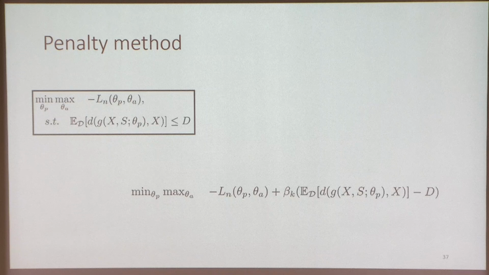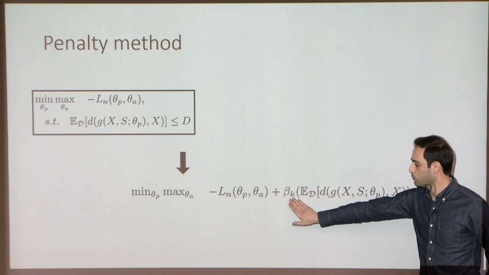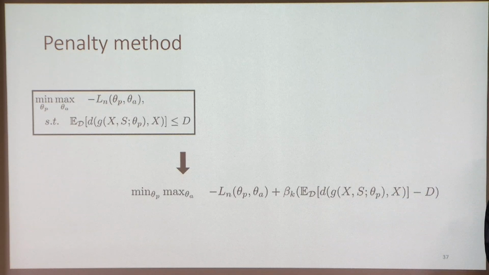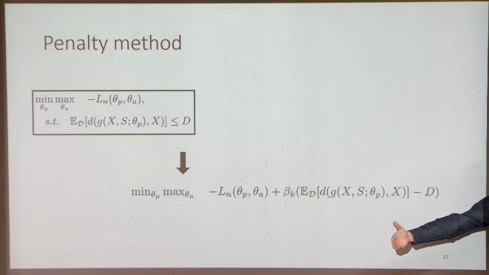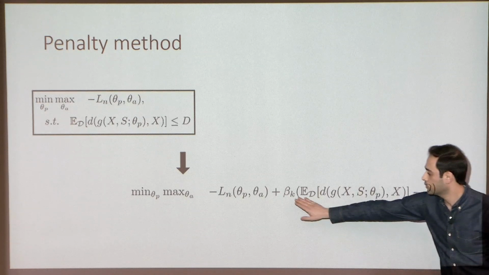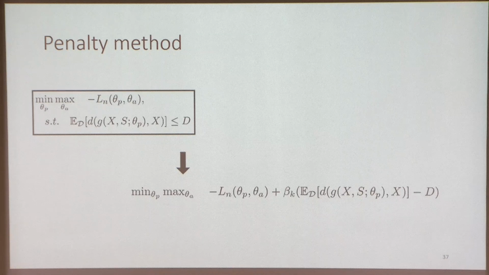So let me try to be a bit more precise about how we did it. The way we did it is we used something called the penalty method, which is a really old method, which instead of using one Lagrange multiplier here, it solves a sequence of optimization problems. And it starts with a small penalty and increases the penalty as the training proceeds.